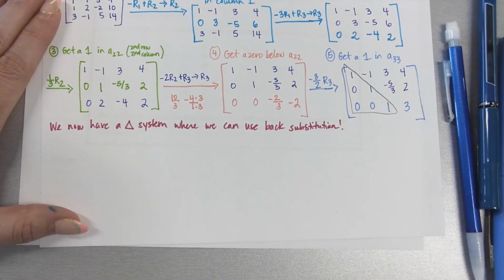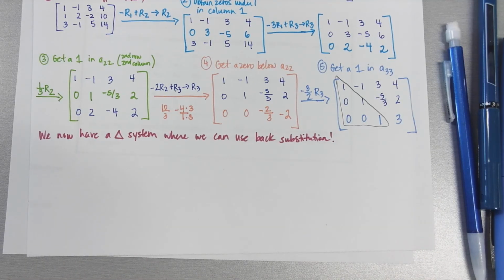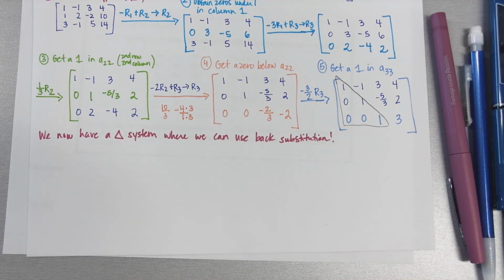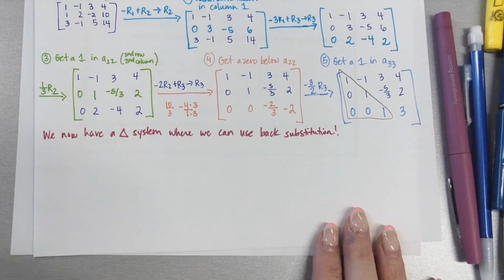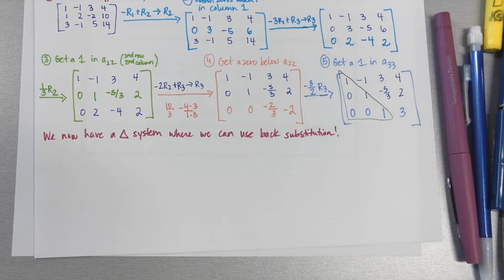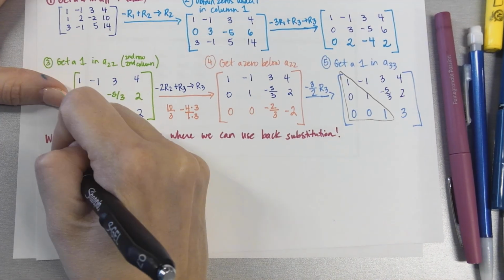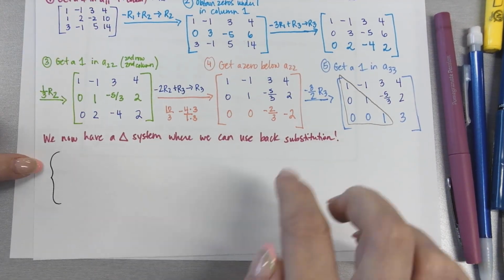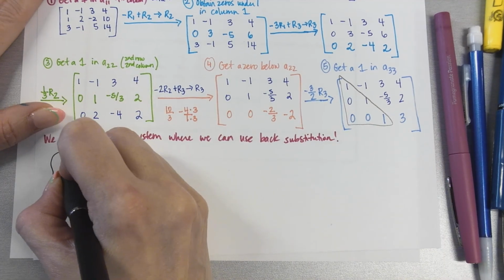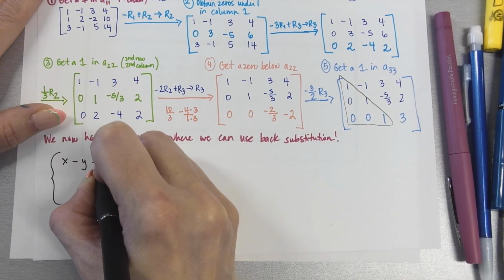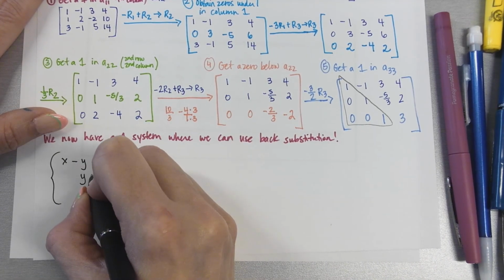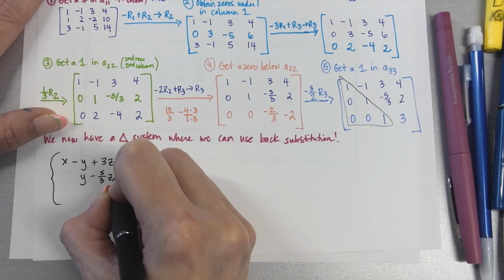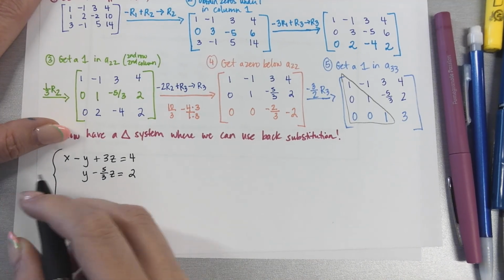Okay, so now we are ready to solve. The system that we have, we are going to write out. Our system is 1x minus y plus 3z equals 4. Y minus 5/3 z equals 2.